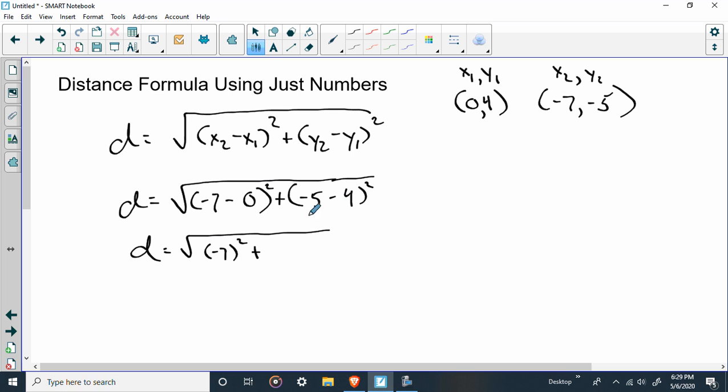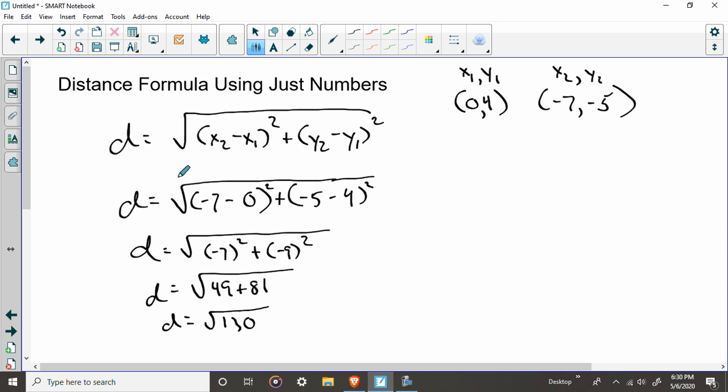Negative 5 minus 4 is going to be negative 9 squared. Okay, so negative 7 squared is going to be 49. Again, it should always be a positive number that comes out here. Plus 81, and your distance is equal to the square root of 130. Okay, and you can stop right there. It's the square root of 130. No big deal, right? We'll do one more that way.